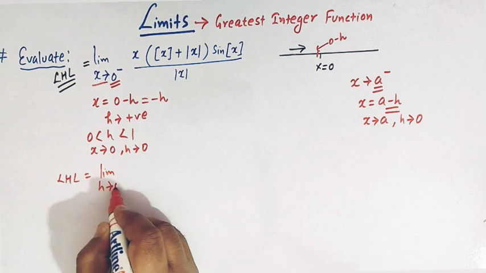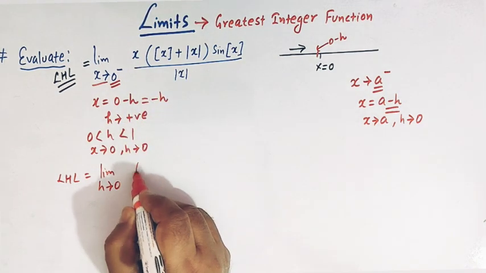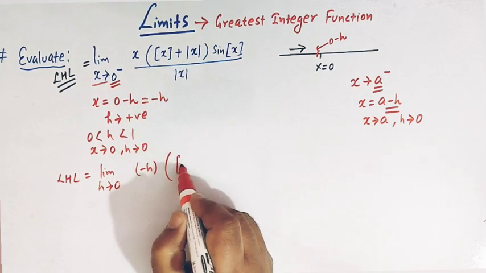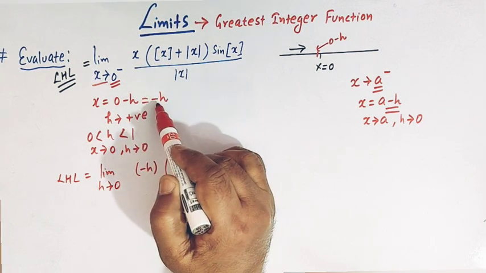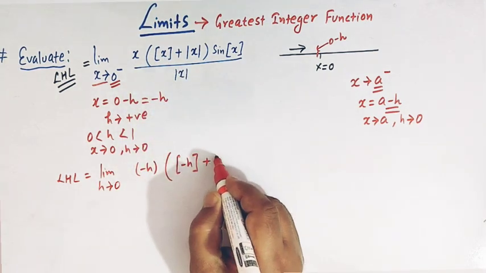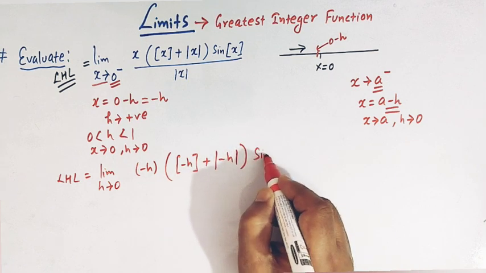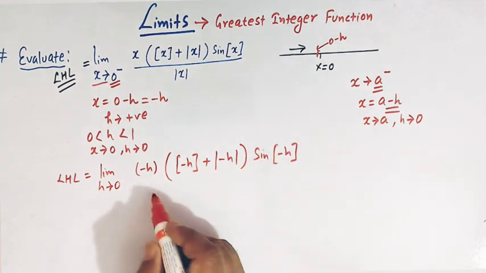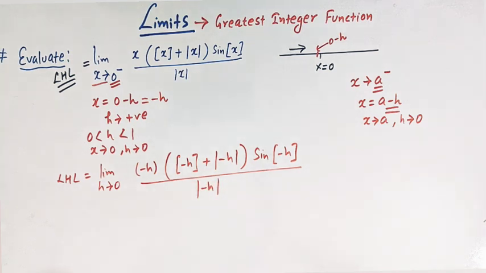So we have h tends to 0, and for this x we can now write minus h, and then we have greatest integer of minus h because we are replacing x by minus h, right? And then we have mod of minus h, and then we have sine of greatest integer of minus h divided by the mod of minus h, right?